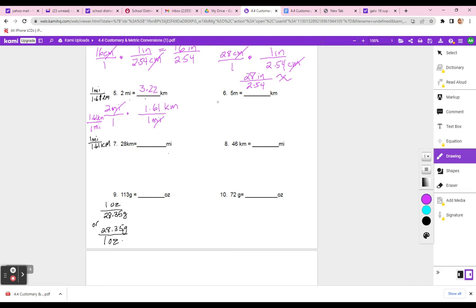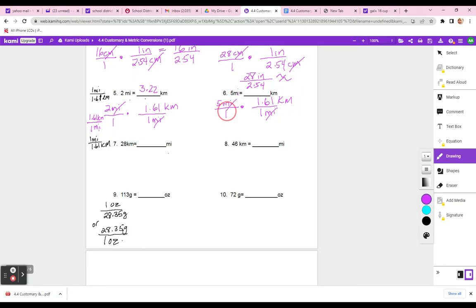I will continue. 5 miles over 1. We need to divide out the miles, so I need the miles on the bottom. So I'm going to need this conversion factor again. So 1 mile is 1.61 kilometers.